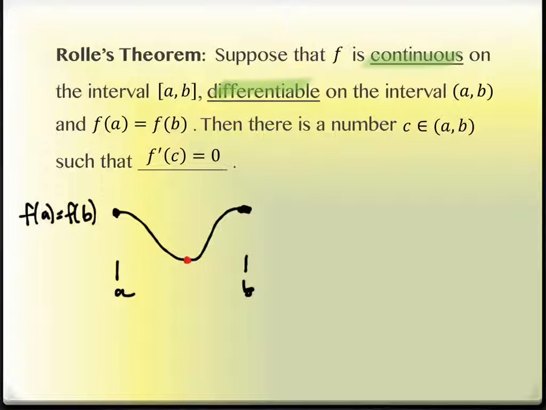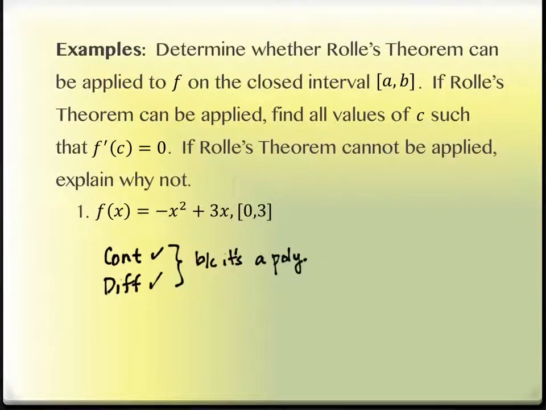The third condition, which I didn't highlight, is that f of a is equal to f of b. The endpoints I'm given actually have the same y value. So I have to test f of 0 and f of 3 and make sure I get the same y value. If I plug in 0 into this function, what do I get? I get 0.